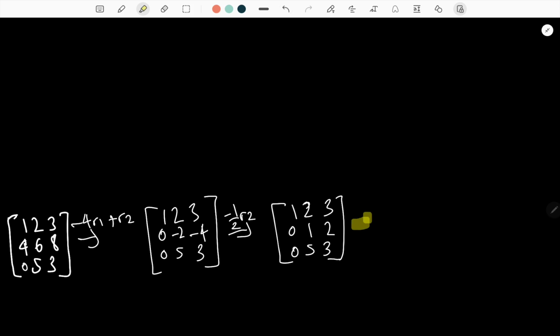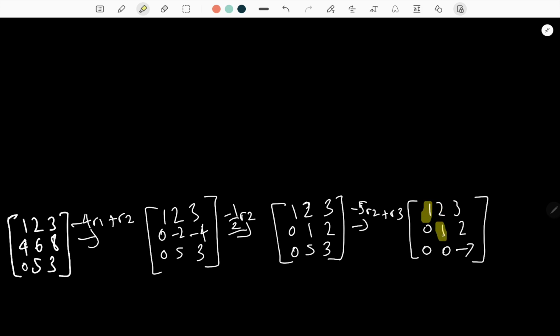So we can do minus 5 r2 plus r3, which will give us: first row stays the same, second row also stays the same, third row is 0, 0, minus 10, and it will be minus 7. So if we check the pivots now, there's 1 here, next pivot is 1 again, and last pivot is minus 7.